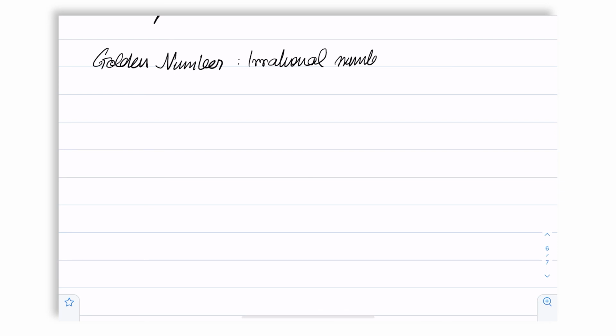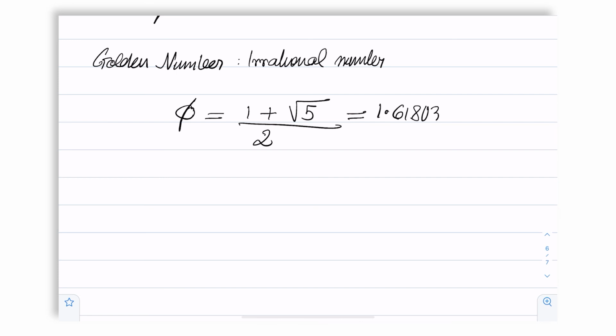The golden number is an irrational number, and can be written as phi, with the Greek letter phi, equal to 1 plus root 5 upon 2, which is 1.61803.